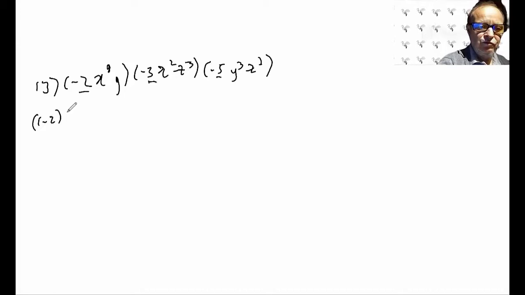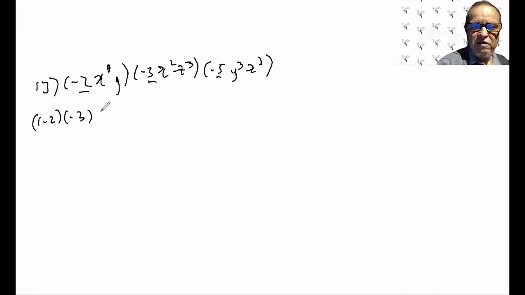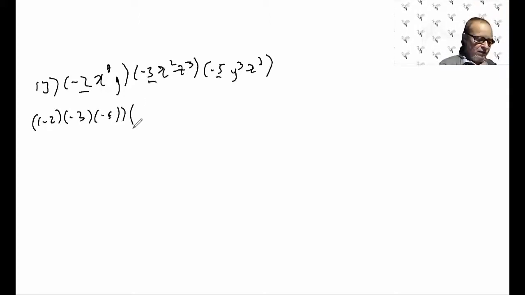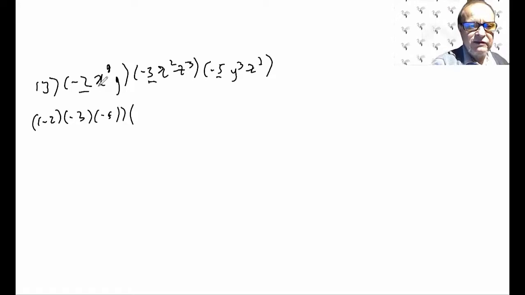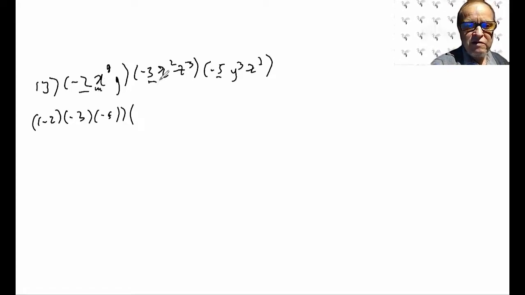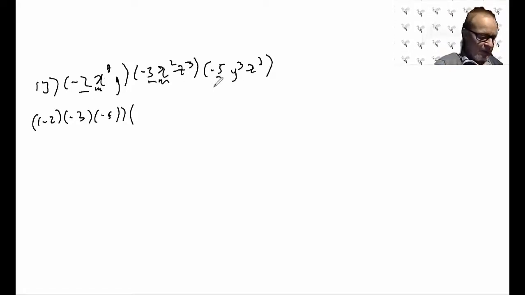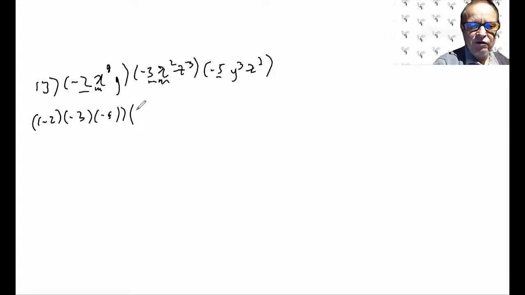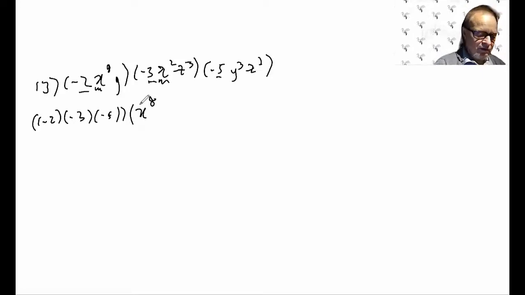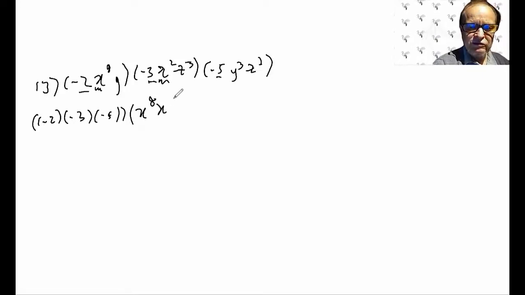Negative 2, negative 3, negative 5. And then I'm going to look at my x's, all my x's, and I'll put my x's in another bracket. X to the 8th, x squared.